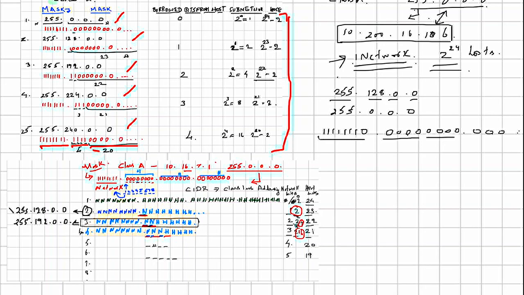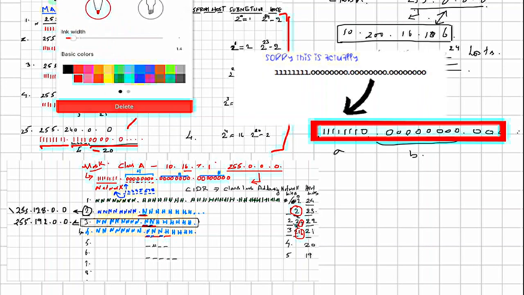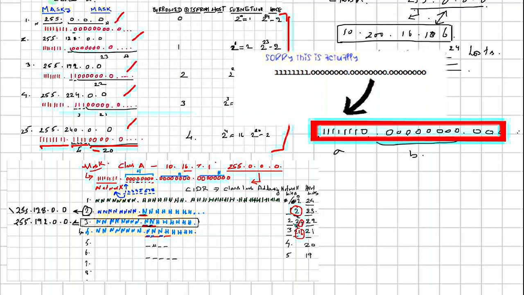So in this portion, instead of 0 we place 1. So we have borrowed one host bit and added it to the network portion.